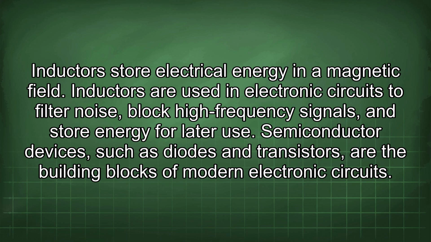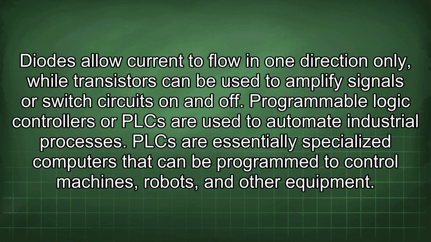Semiconductor devices, such as diodes and transistors, are the building blocks of modern electronic circuits. Diodes allow current to flow in one direction only, while transistors can be used to amplify signals or switch circuits on and off.